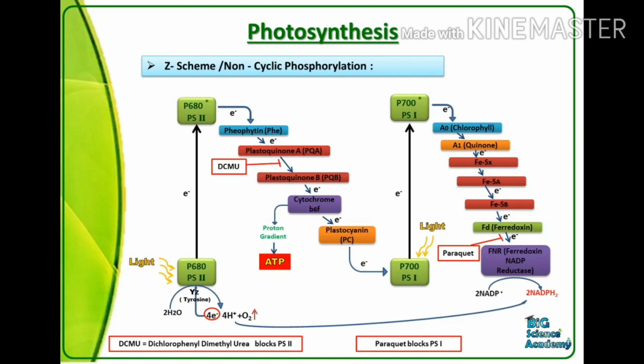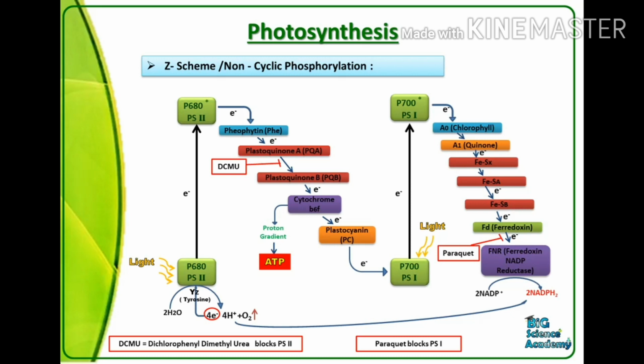The ferredoxin, with the help of electron and FNR, which is the ferredoxin NADP reductase enzyme, reduces 2 NADP plus molecules into 2 NADPH2 molecules, and the protons which are used in this reduction process come from the photolysis of water. Here it is given by an arrow.